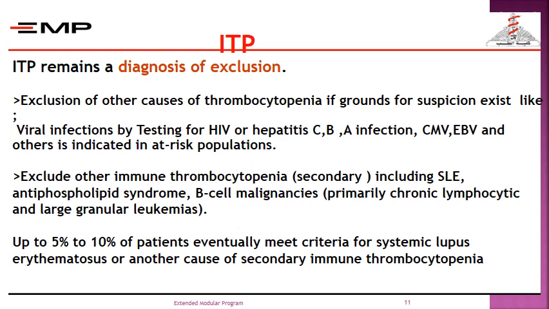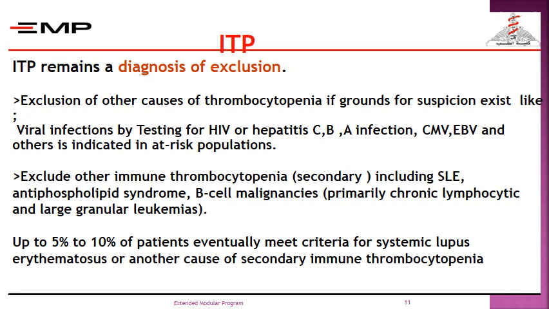Exclusion of other causes, if grounds for suspicion exist, like viral infection by testing for HIV, hepatitis C, hepatitis B, A, cytomegalovirus, Epstein-Barr, and others, is indicated in at-risk populations. Exclude other immune or secondary thrombocytopenia, like in SLE, antiphospholipid syndrome, B-cell malignancy, like chronic lymphocytic leukemia and large granular leukemia.